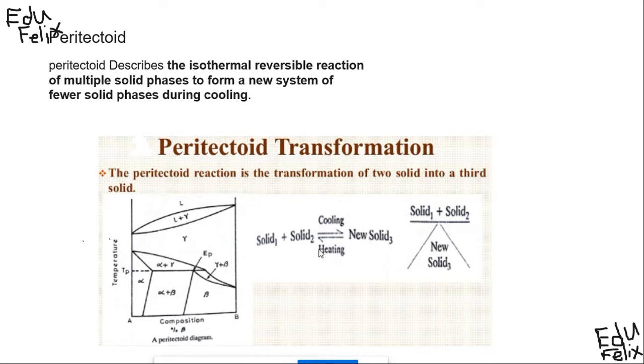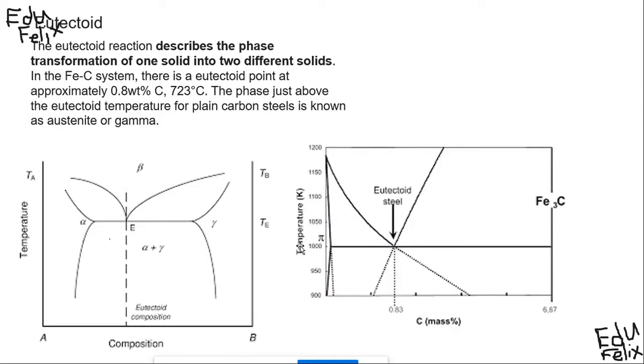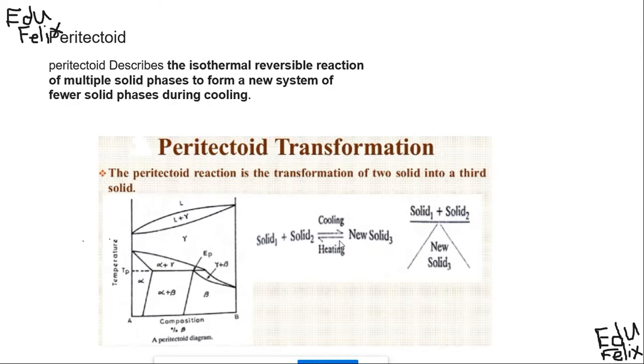But after forming new solid 3, on heating you get solid 1 and solid 2. This is called eutectoid, because eutectoid means one solid into different solids. Here also it is the same after heating. But these two are different because it is going from the cooling phases.